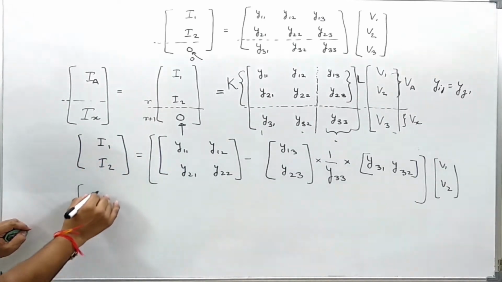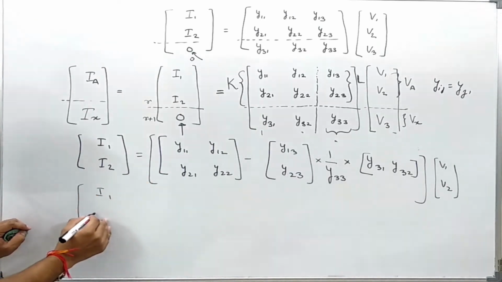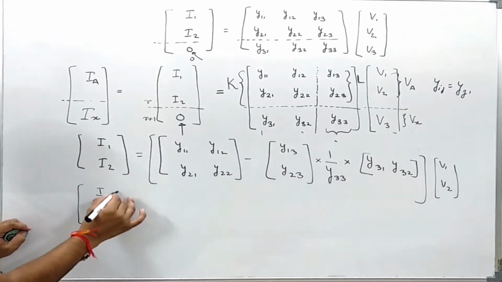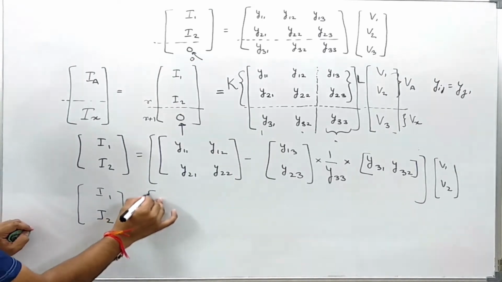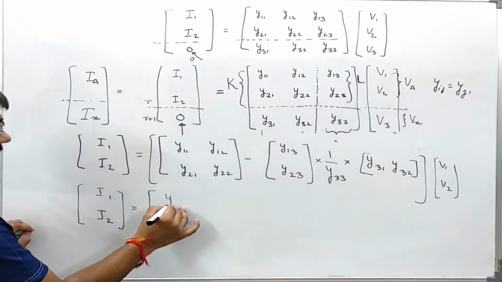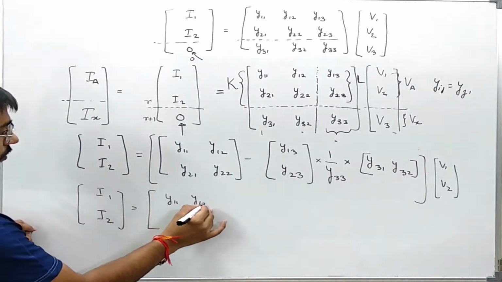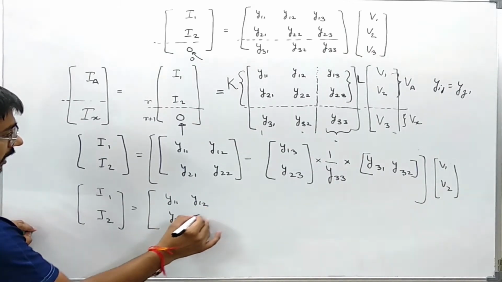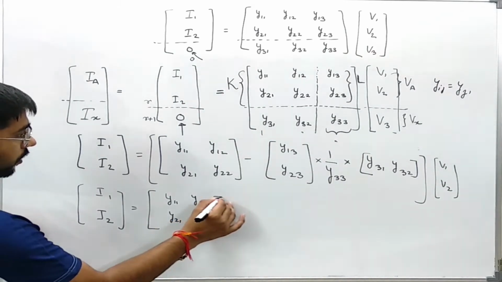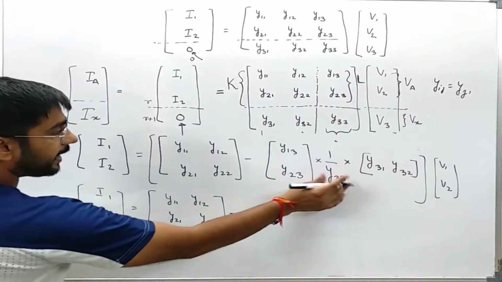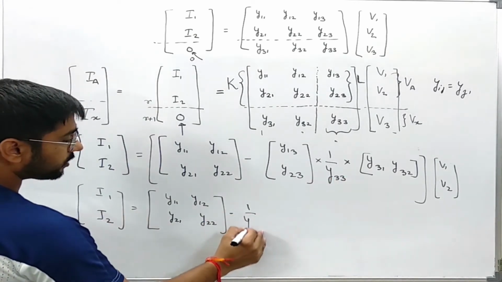We will see how. On further simplifying, I will see that I1, I2 is equal to y11, y12, y21, y22. I will take 1 by y33 outside.